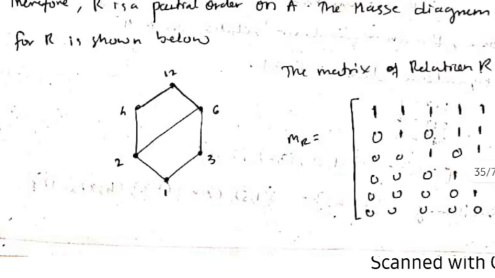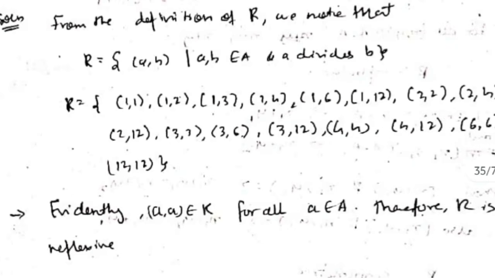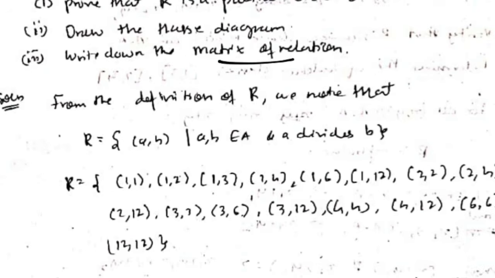So for 2 and 1 it's 0, because they do not have a relation, while 1 and 1 will have 1 here. So where these pairs are present, those entries in the matrix will be 1, and the rest will be filled with 0. That's the matrix of a relation.